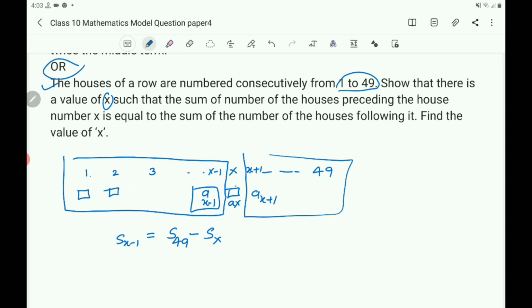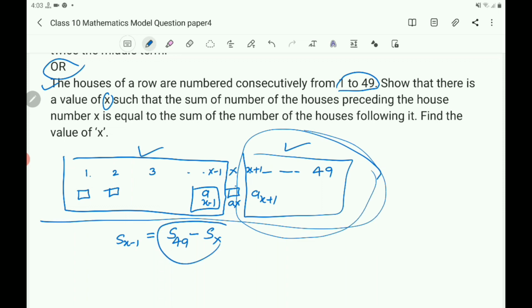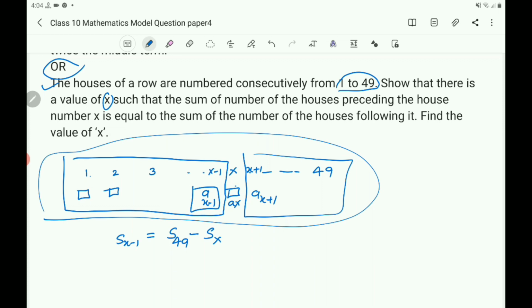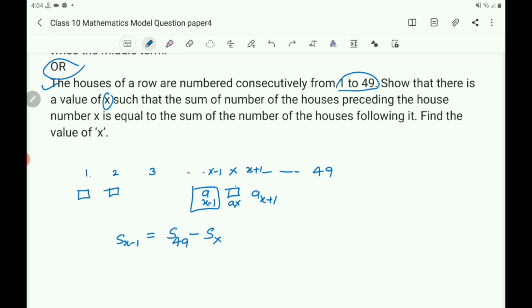So this sum is equal to the whole sum minus the sum up to x, that is S49 minus Sx. So you must write Sx minus 1 equals S49 minus Sx.